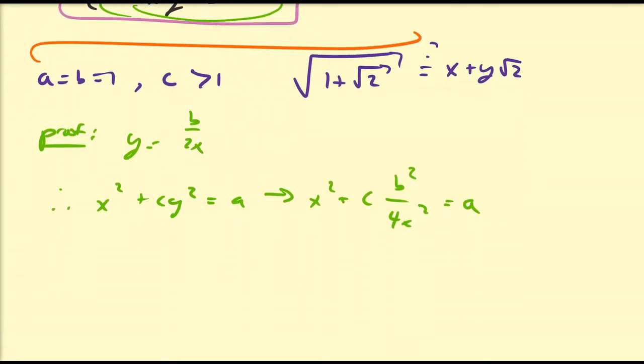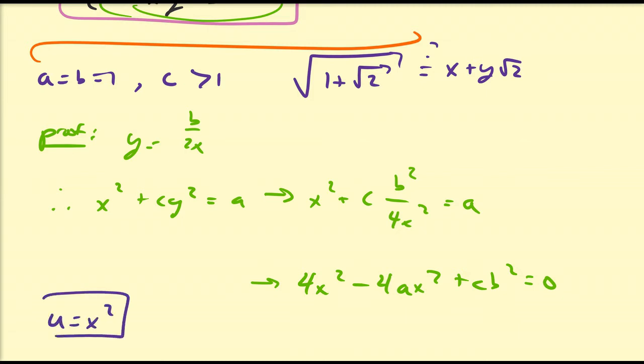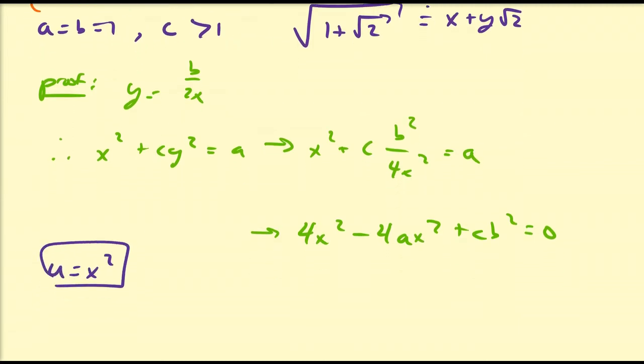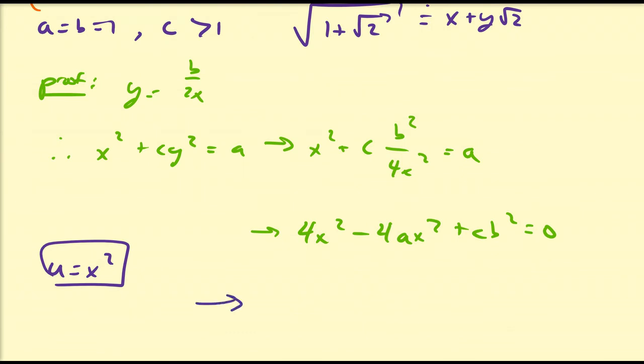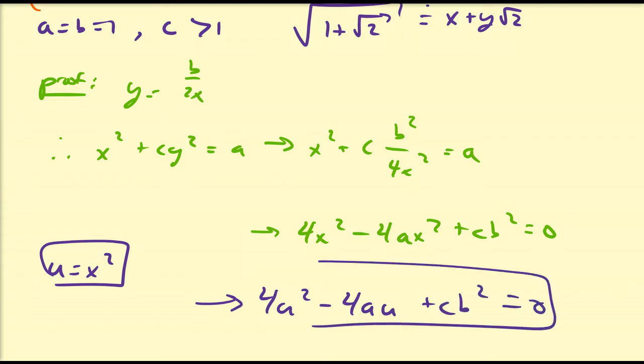We can multiply both sides of this equation by 4x squared, and that gives us the equation 4x to the fourth minus 4a x squared plus c b squared is equal to 0. Then we can use a u substitution by letting u equal x squared, because this is a quasi-quadratic equation, namely 4u squared minus 4au plus c b squared is equal to 0.